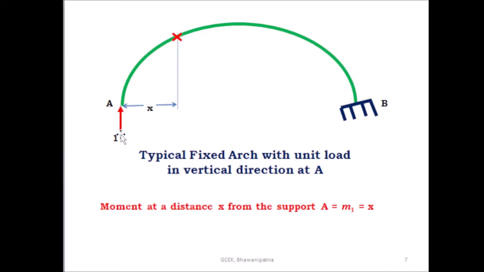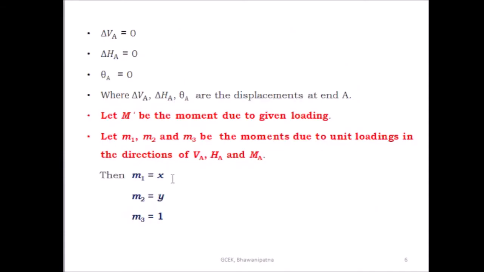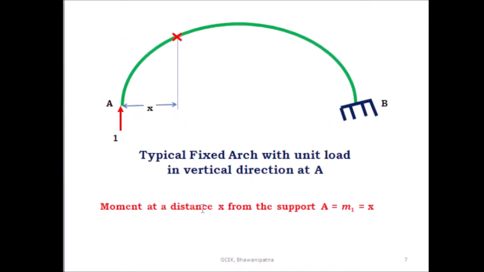First you apply the unit vertical reaction at A, and you take the moment in the fixed arch at a distance x from the support A. So what is the moment here? 1 into x. M1 is equal to 1 into x, which is equal to x. The moment at a distance x from the support A is M1 equal to x.